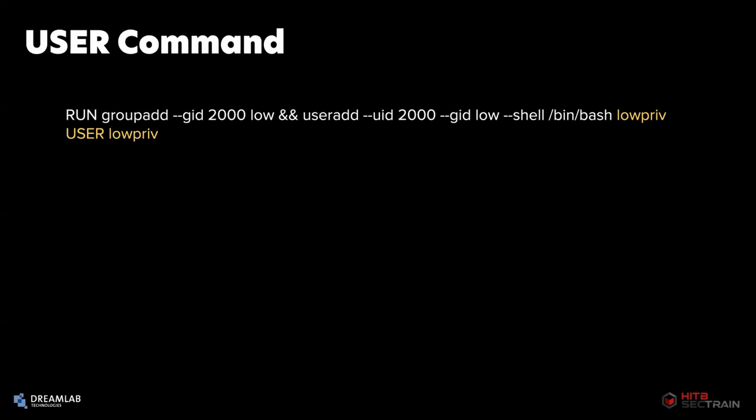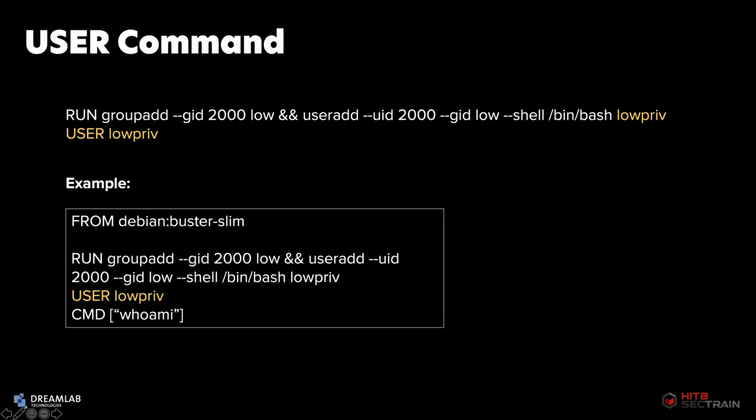Good. The USER command. In the Dockerfile, the USER command is the equivalent to the user parameter we have used before to specify a low privileged user. It's necessary to create the user first.